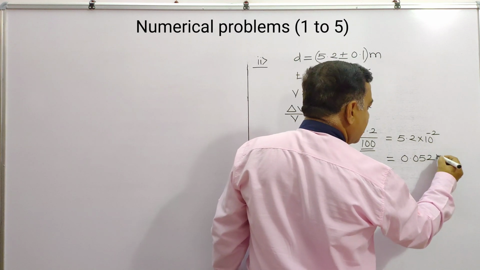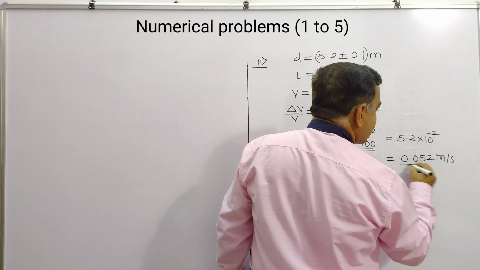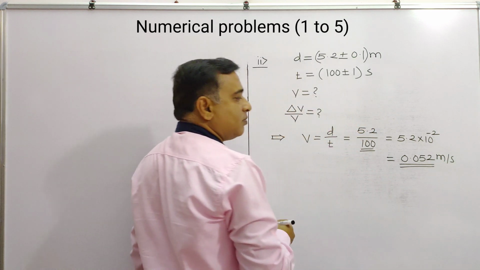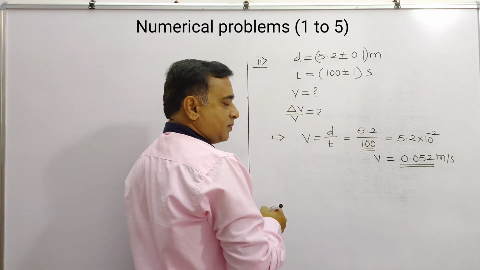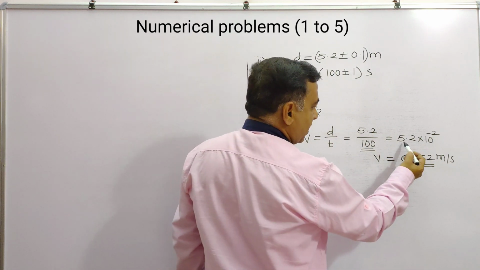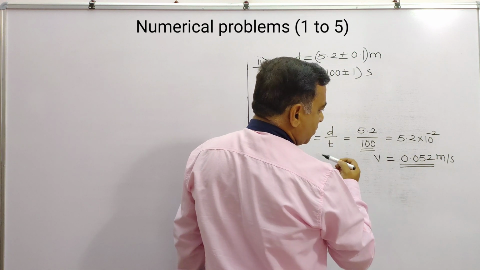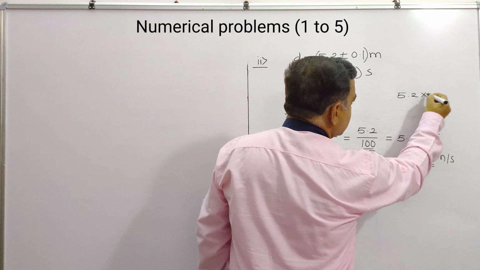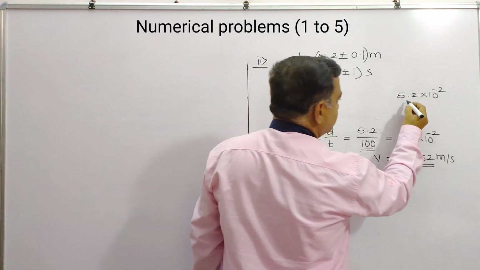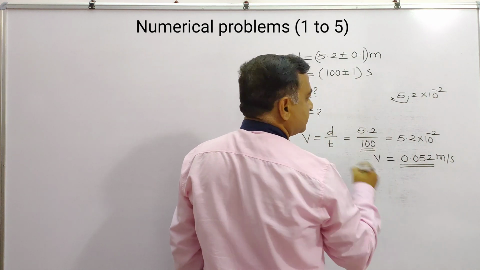It is in meter per second, as that is the unit of velocity. Once again, 5.2 into 10 raised to power minus 2, here I am going to shift the point.